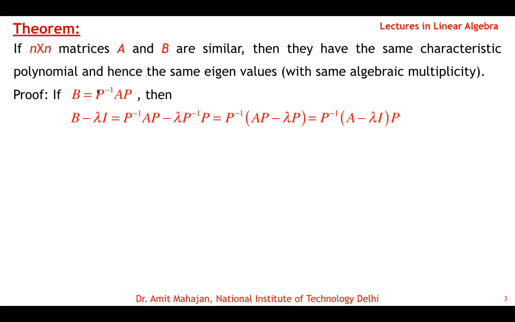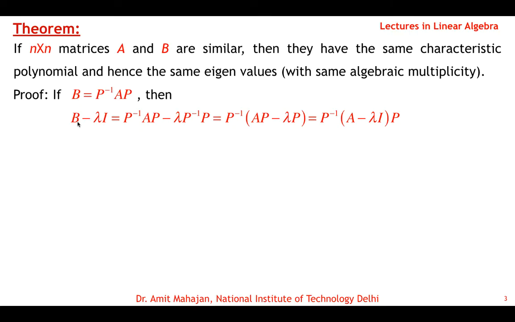If B and A are similar, we can write B as P inverse AP, and then we calculate the characteristic polynomial for the B matrix. For that we need to calculate the matrix B minus lambda I, and its determinant will be the characteristic polynomial.